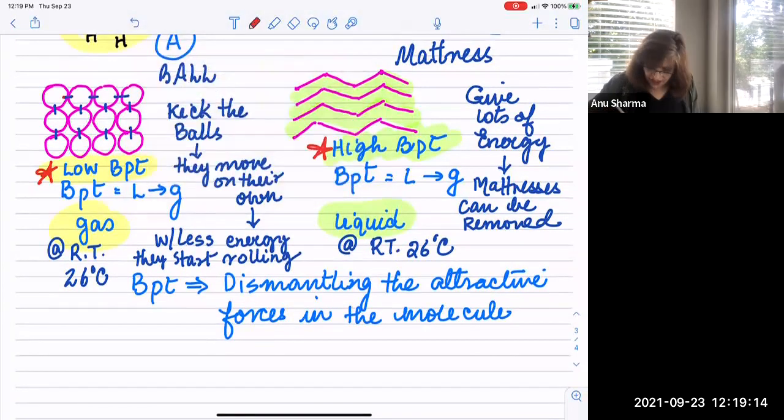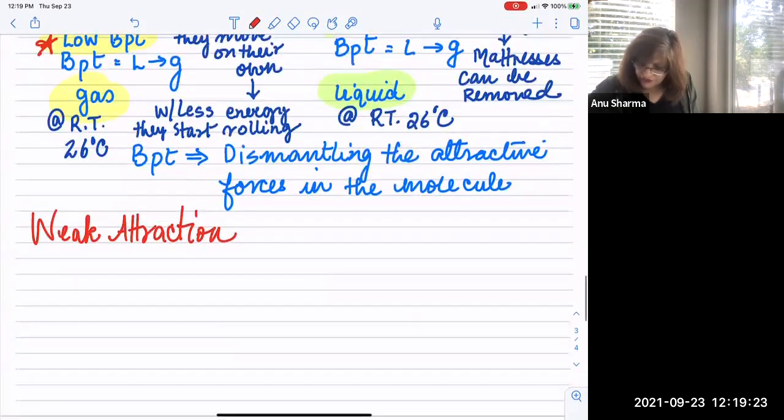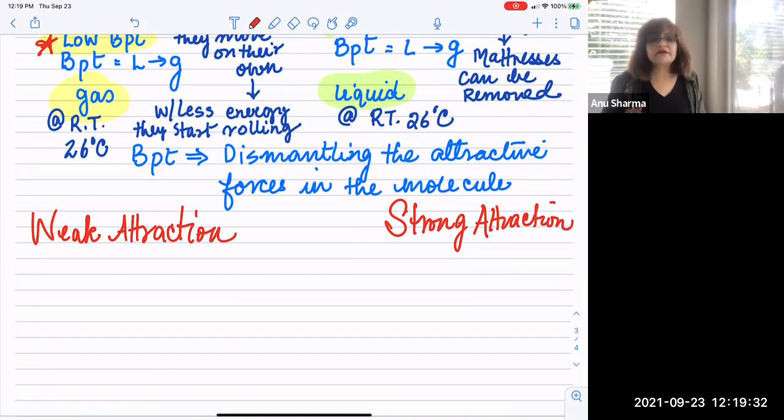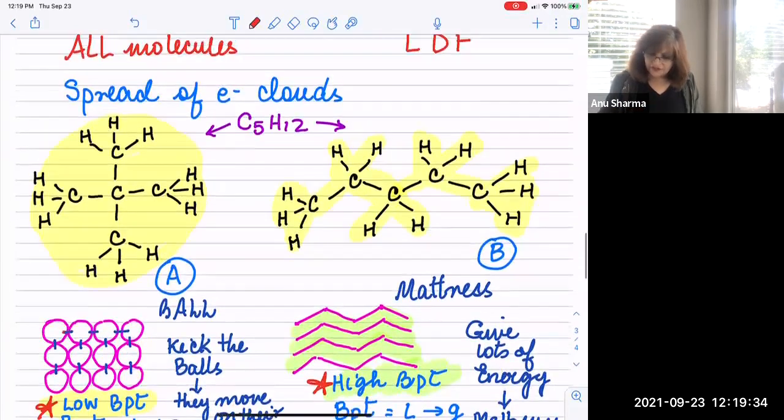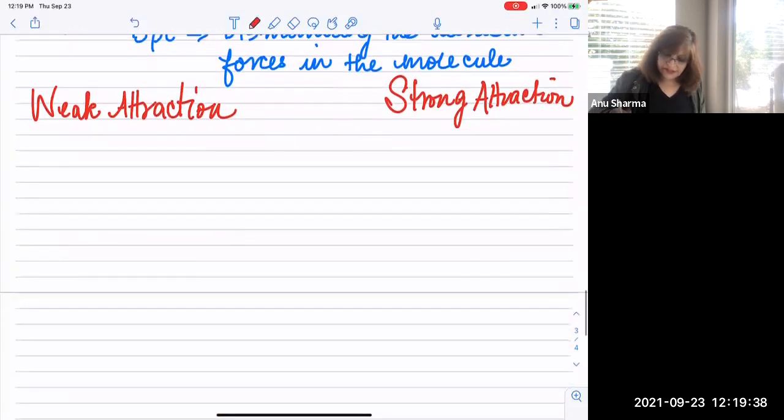So here we will see weak attractions in the molecules, and here you see strong attraction in the molecule. All right. So we have these two examples, A and B, and how the molecules are arranged and stacked.